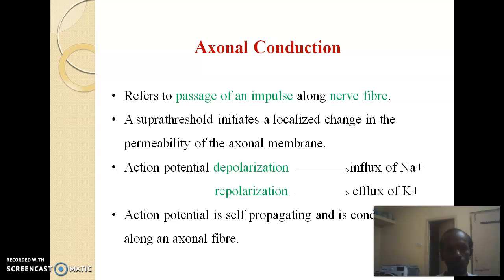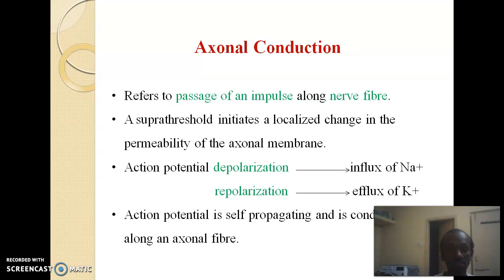It refers to passage of an impulse along the nerve fiber. So a suprathreshold impulse initiates a localized change in the permeability of the axonal membrane. That localized change can produce either depolarization, which is nothing but influx of sodium ions from the extracellular surface to the intracellular surface, or repolarization, which is nothing but the efflux of potassium ions from the intracellular surface to the extracellular surface.